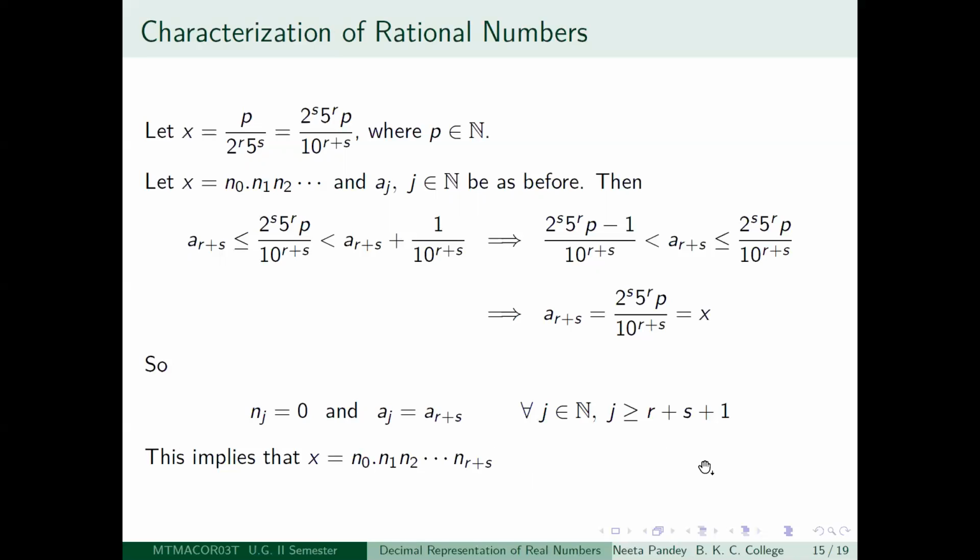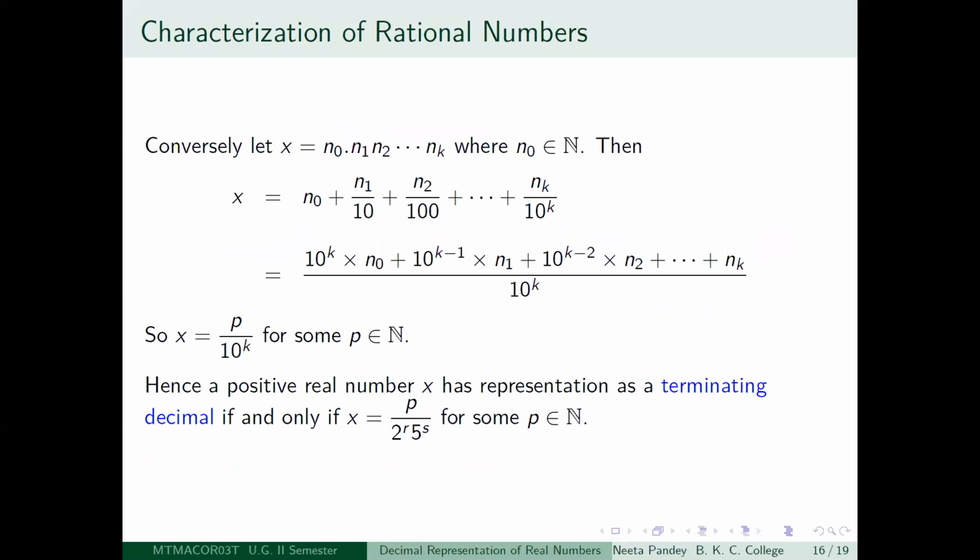So such a decimal is called a terminating decimal. So if you have a rational number whose denominator has prime factors only 2 and 5, then you get a terminating decimal corresponding to that. And the converse is very easy. If you look at a terminating decimal, that is x equal to n0.n1 n2, etc., nk, that means from n_{k+1} onwards everything is 0, then your x is actually equal to this.